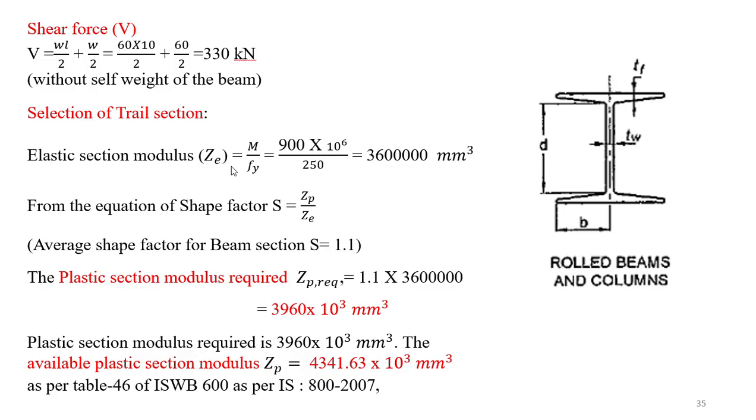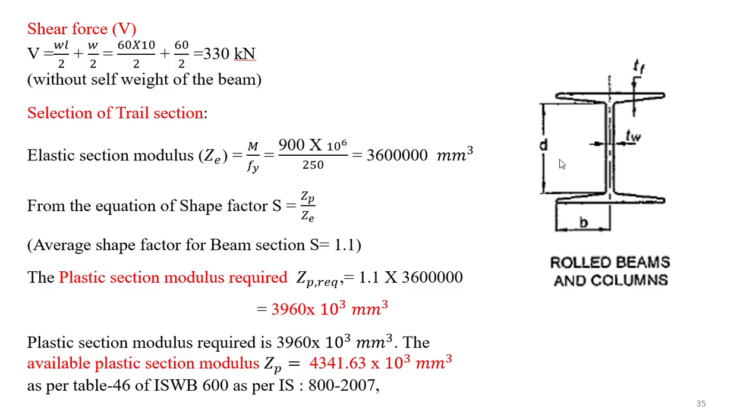But to decide a cross section of the beam, I want to find the plastic section modulus for that particular section. Here we have to find the required section modulus for the beam.